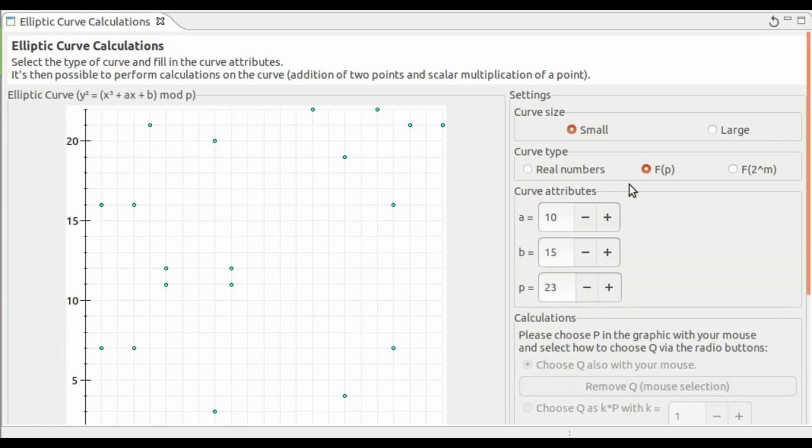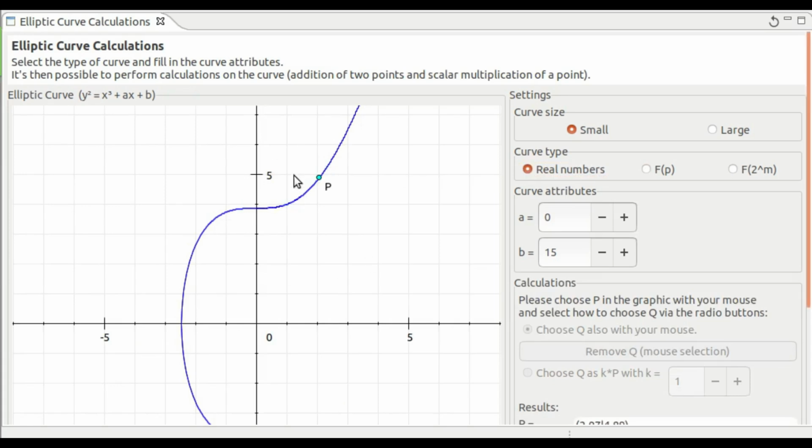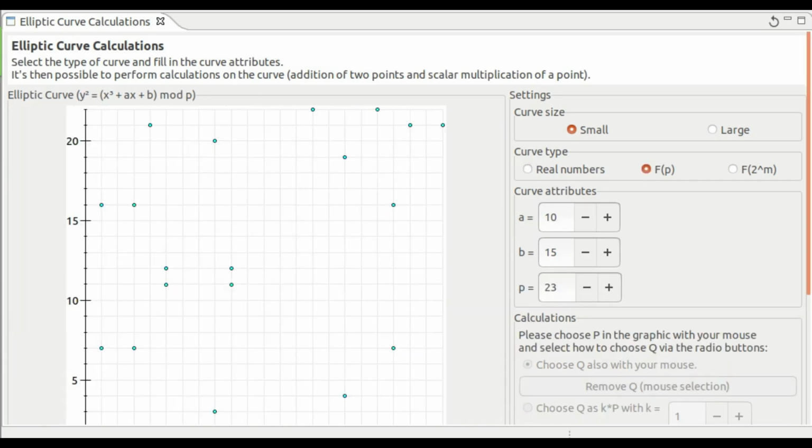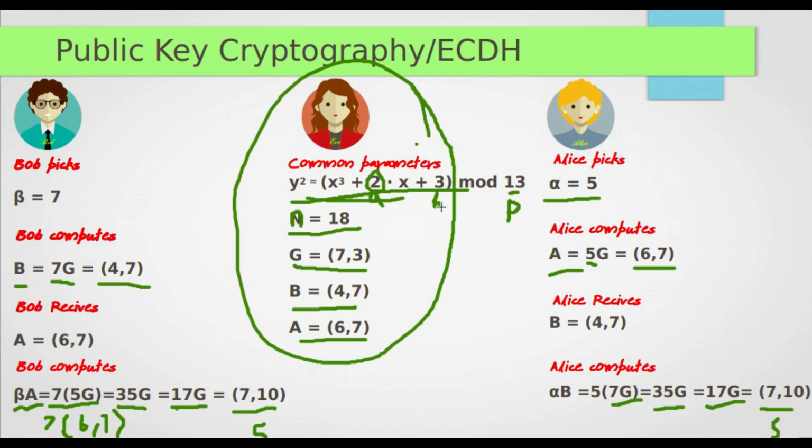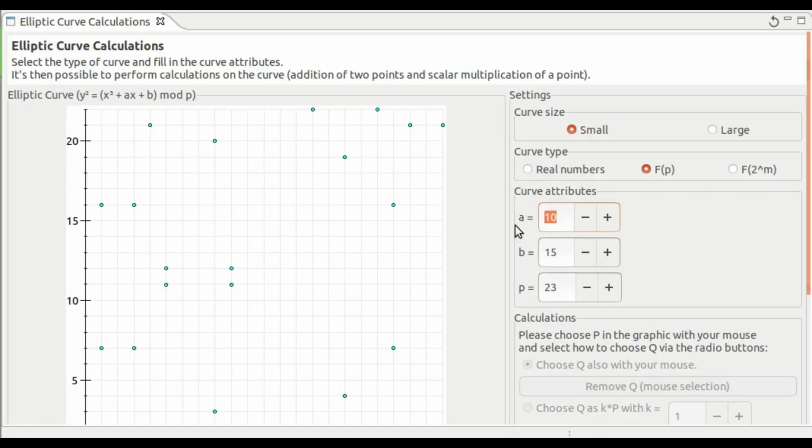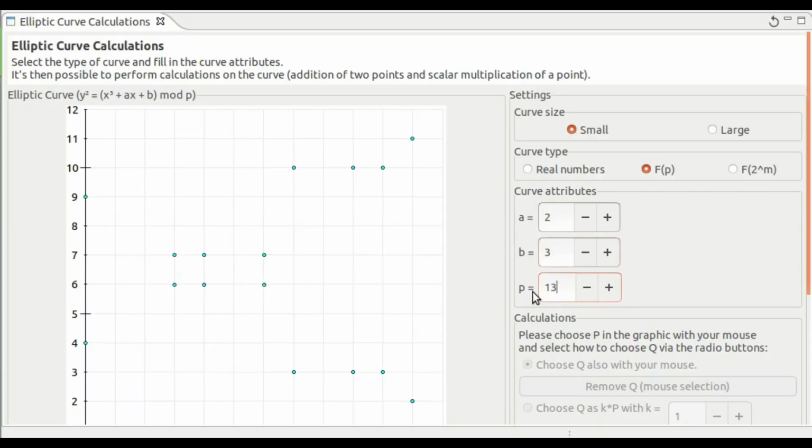That curve is defined on a prime field here. If you take a curve on real numbers, the curve will be something different, and we are constructing this elliptic curve on a prime field. What are our parameters here? Our A is 2, B is 3 and P is 13.